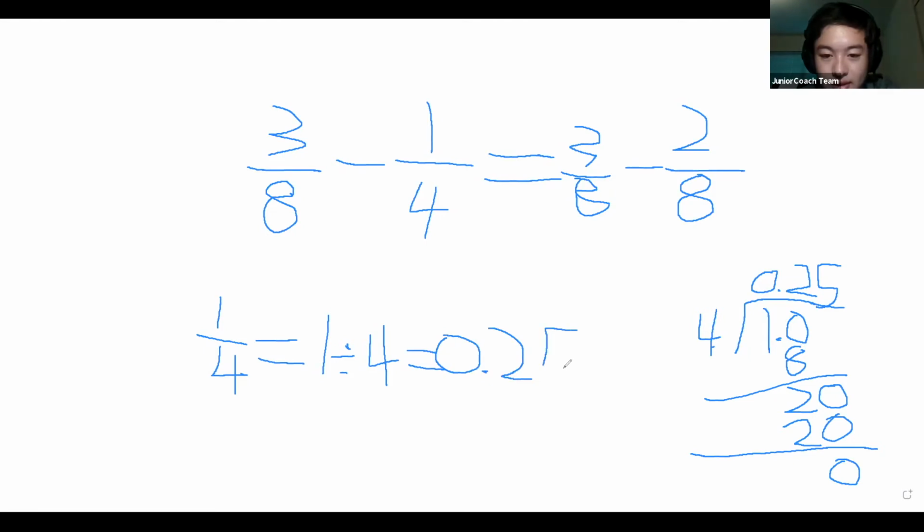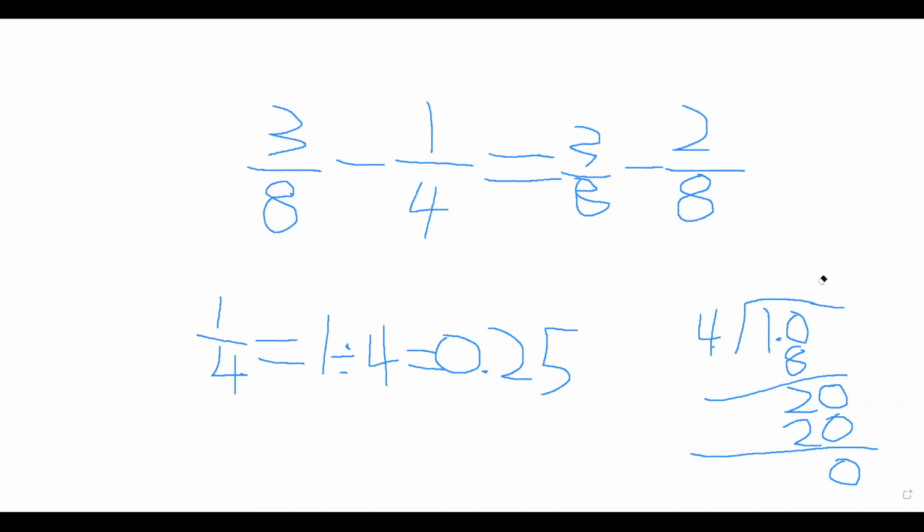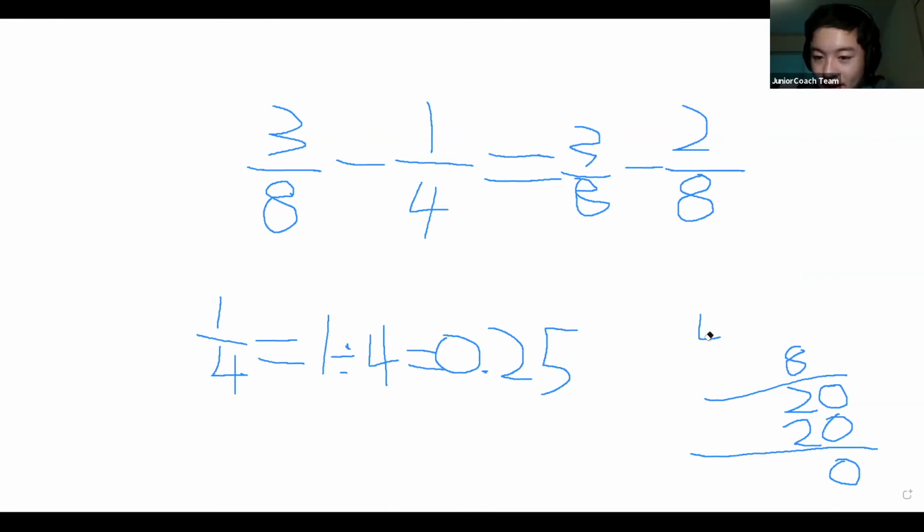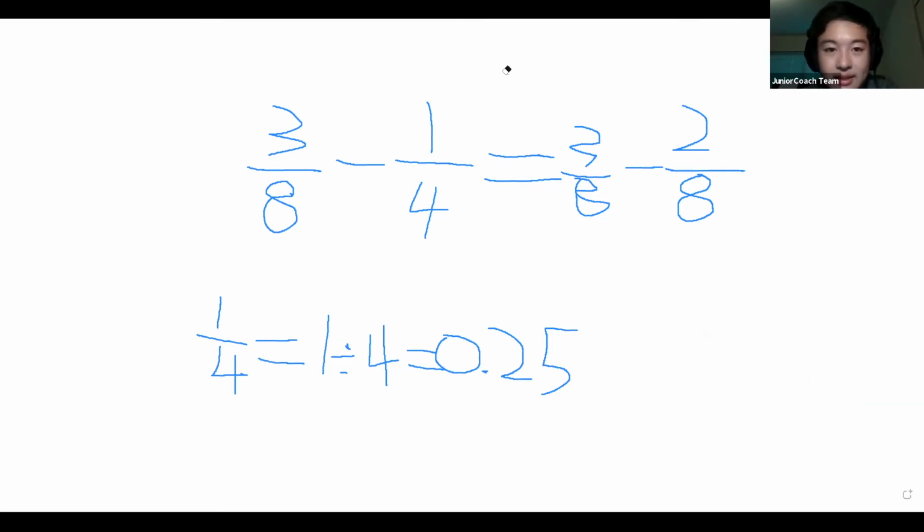Decimals. So then what will 2/8 be? It would be the same thing. Want to see how it's the same thing? So let's go over that. We have 2 divided by 8.